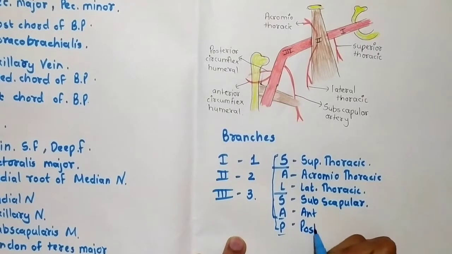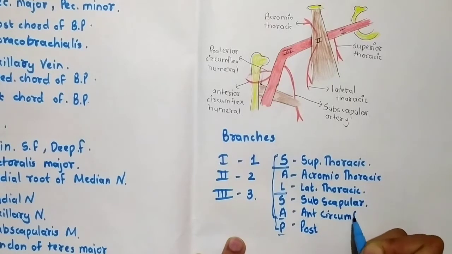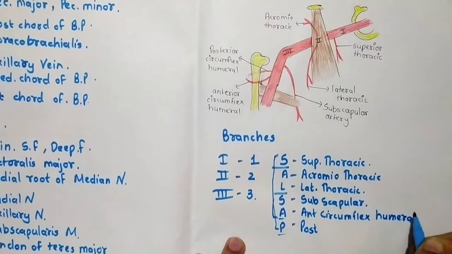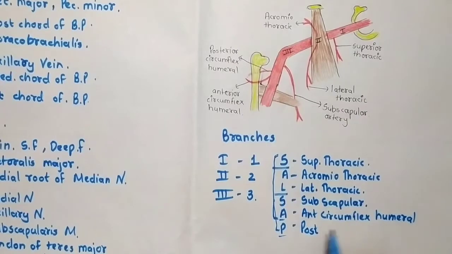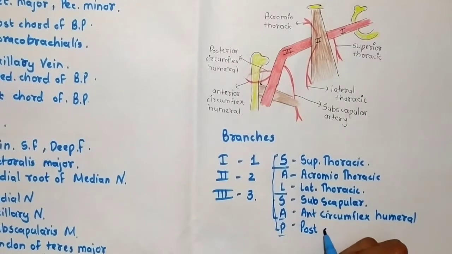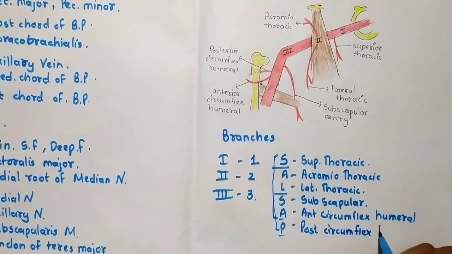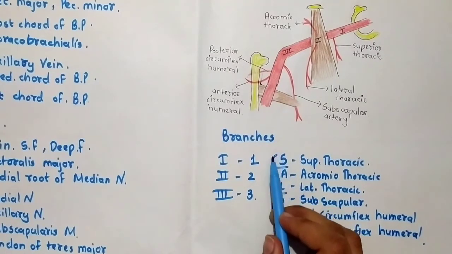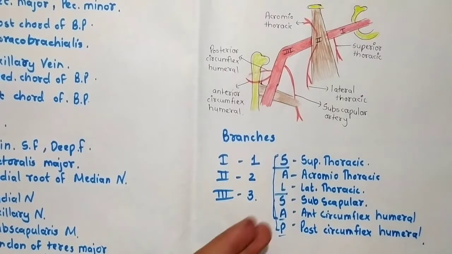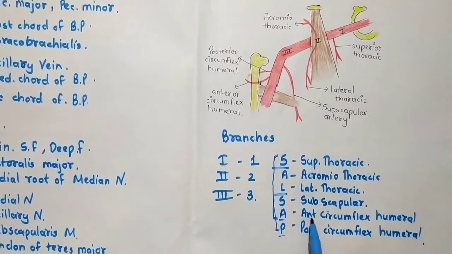So anterior and posterior circumflex humeral, which means it is winding around the humerus. That's why circumflex humeral. So this mnemonic is SALSA, and P you will remember by anterior and posterior.